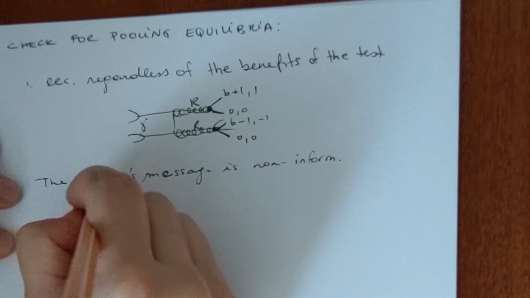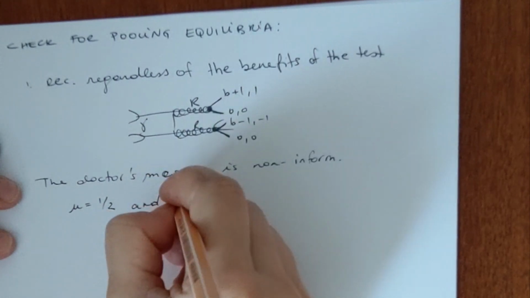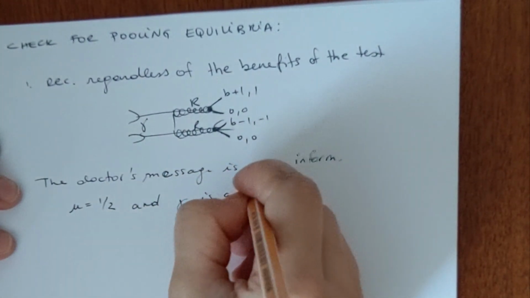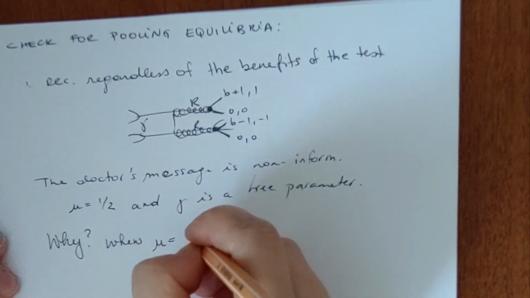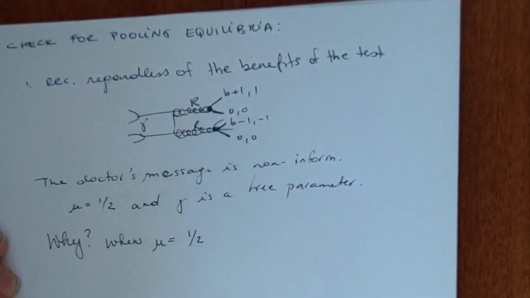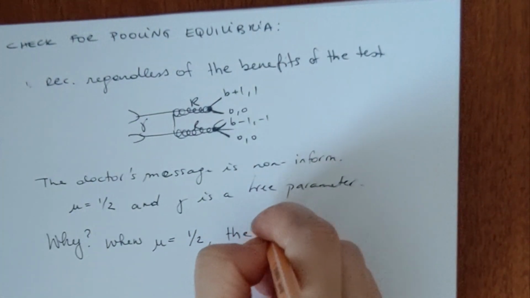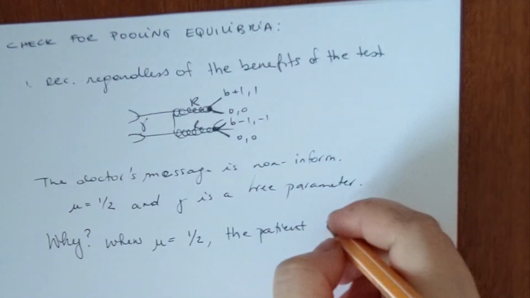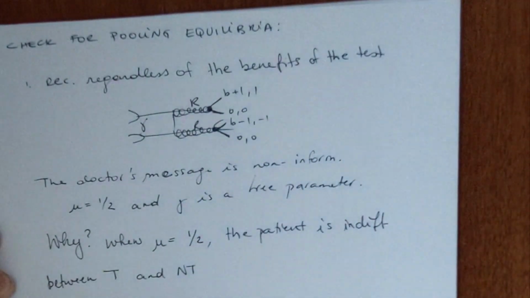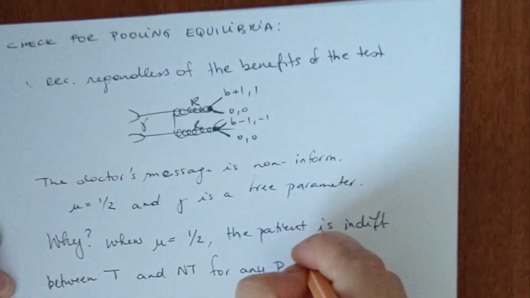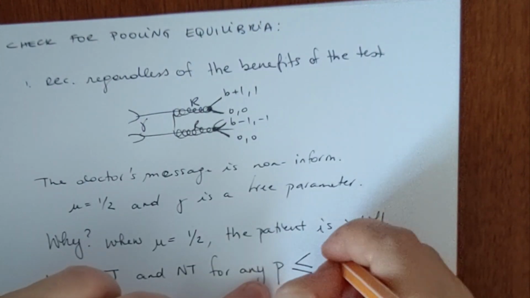Since mu equals half and gamma is a free parameter. Why? When mu equals half, the patient is indifferent between testing and not testing for any p less than or equal to half.